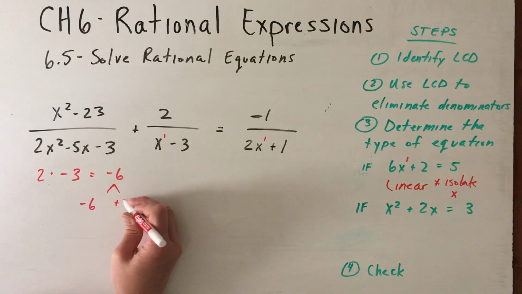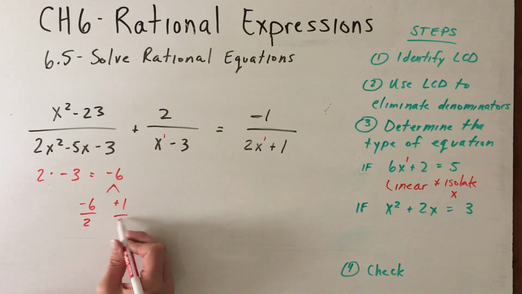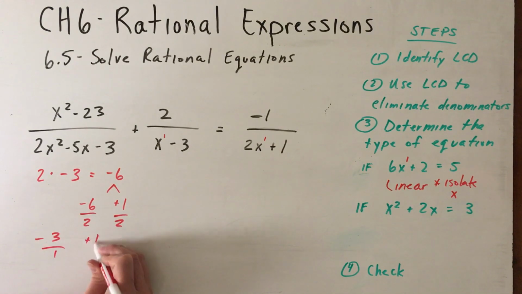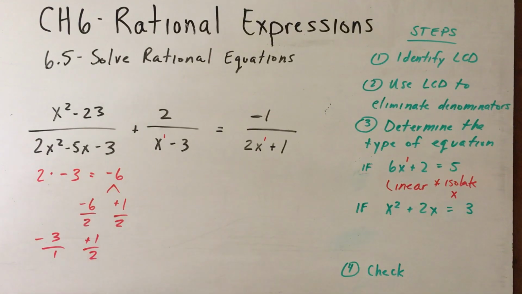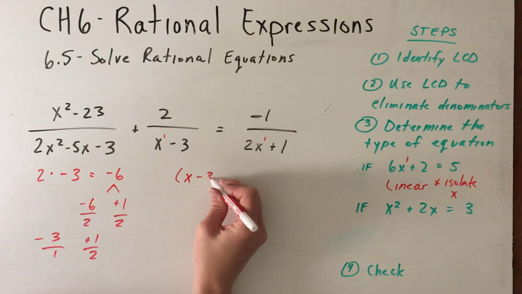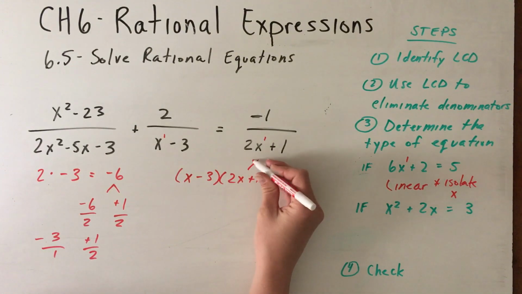That's going to be negative 6 and positive 1. I'm going to write those factors over 2 and reduce these fractions, so I have negative 3 over 1 and positive 1 over 2. That means that my factors here, if I factored this, are x minus 3 and 2x plus 1. And what do you know?